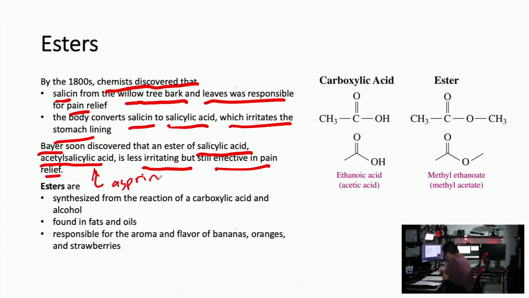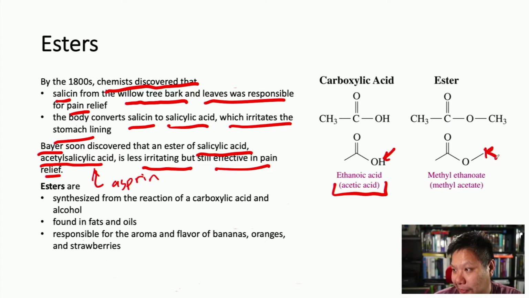So, we were just talking about carboxylic acids, and we have acetic acid here, right? What is it actually an ester? An ester is when the H here of the carboxylic acid actually becomes something else. An R, right? A rest of the molecule.